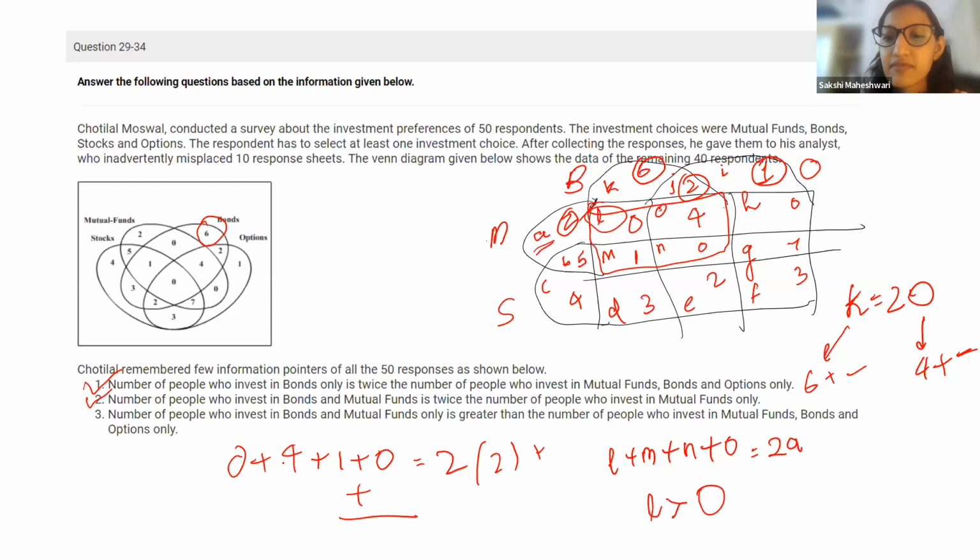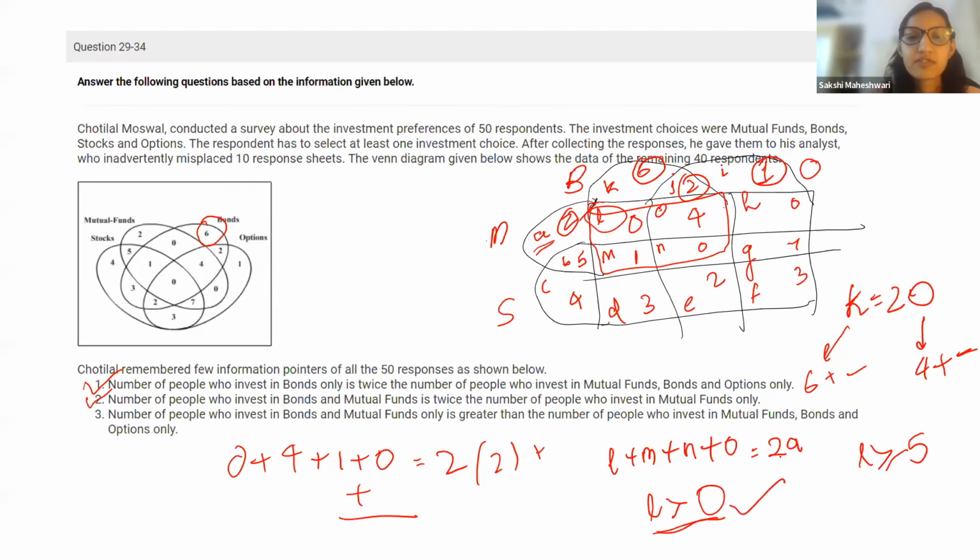And this mentions that L is greater than O. O is already 4, and L has to be greater than O. So I'm taking it as 5 for now, just assuming that L is 5. L has to be minimum 5 so that it fulfills this condition.